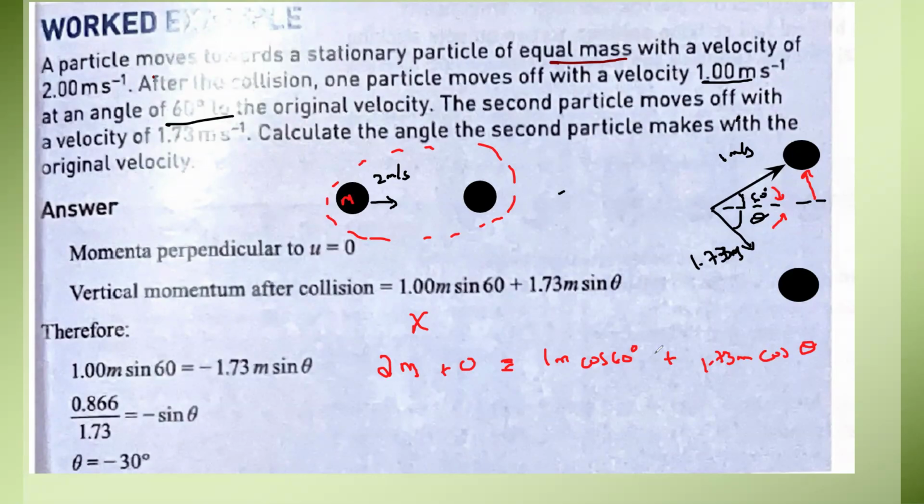I can solve this equation as well, and from it I will find the value for theta. I'll get the same answer as if I use the y direction. In the question, they use y, but you can use x and you will get the answer.